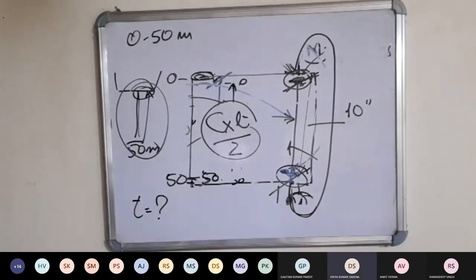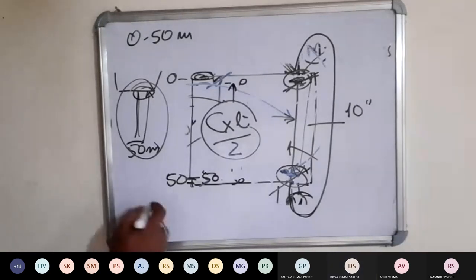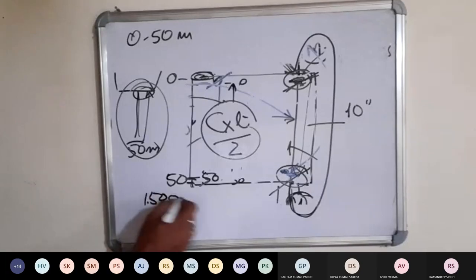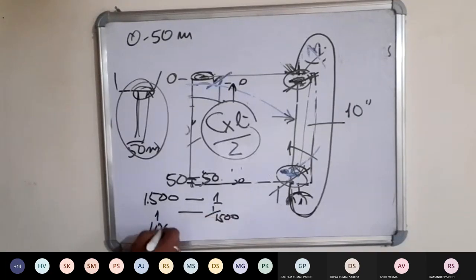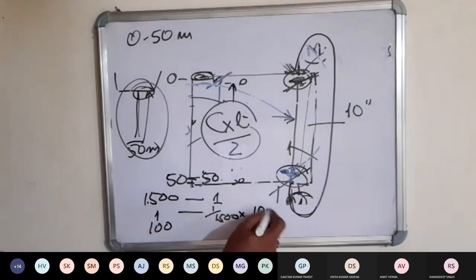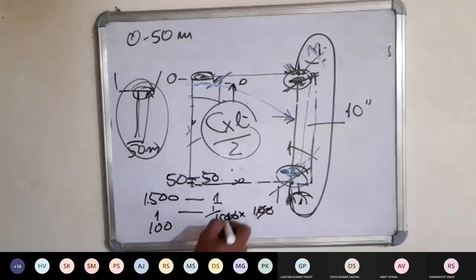0.006, you said. So in 1 second it is 1500 meters, that means 1 meter takes 1 by 1500 seconds. That means 100 meters will take 1 by 15.